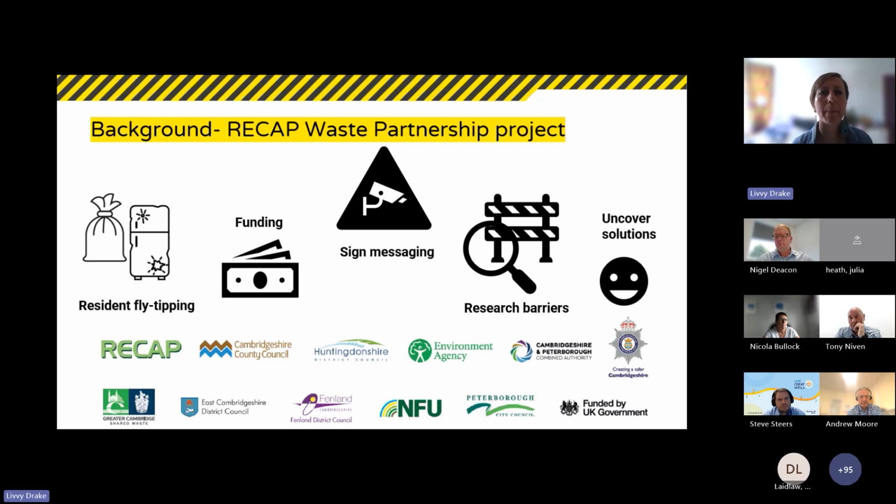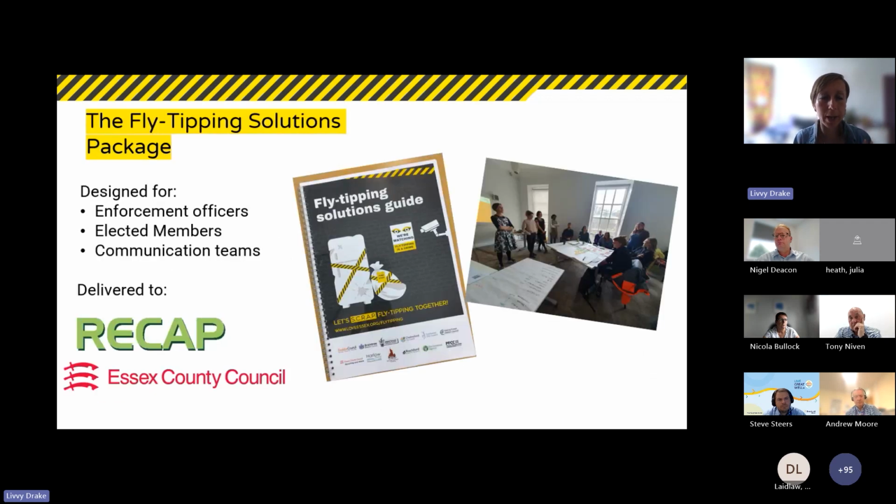And we then applied this work within the Cambridgeshire area, working with the different district councils. And we then put together a guide which is relevant for enforcement officers, elected members and communication teams. So it's a quick reference guide. It's very visual and it's got lots of ways of understanding how to take action.